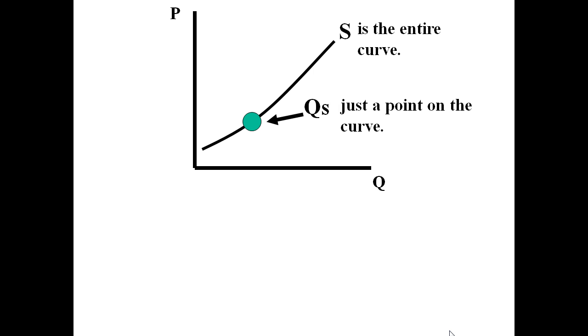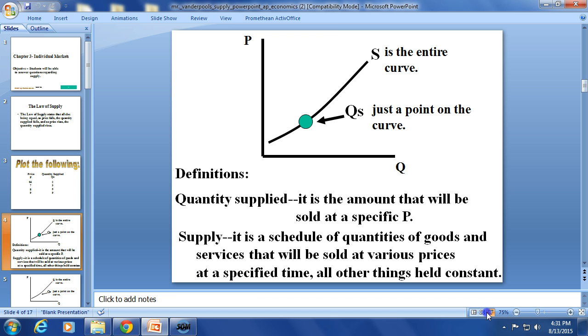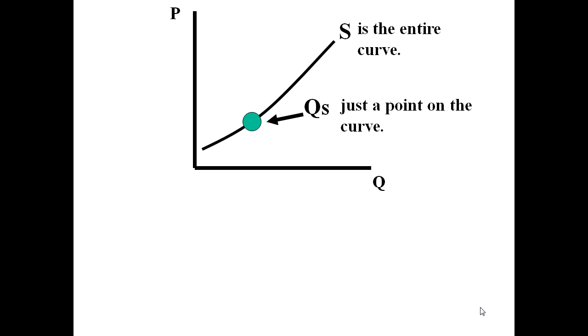Okay, so quantity supplied is just a point on the curve, and as price changes, that changes quantity supplied, and it moves you from point to point on the curve. And once again, when factors other than price change, that changes supply, and that will shift the supply curve to the left and to the right. And those non-price factors that shift a supply curve are called the determinants of supply.